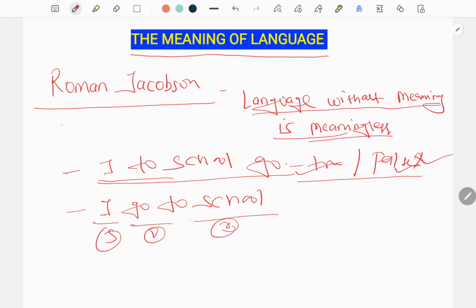This sentence disallows the rules and regulations of grammar. That is why this sentence is false and this one is true. So if you have linguistics knowledge, then you can certify which sentence is true and which sentence is false.